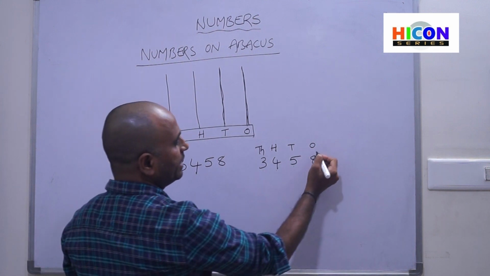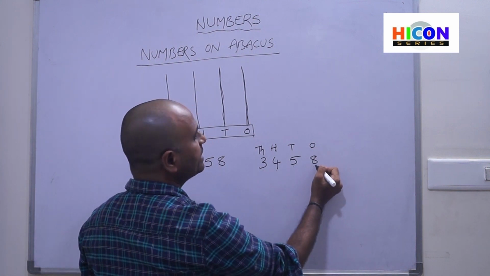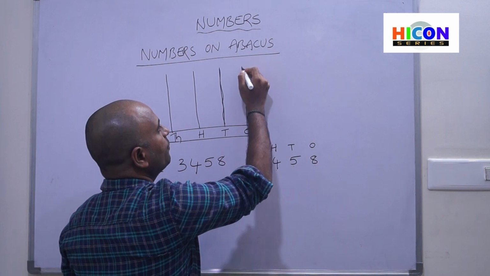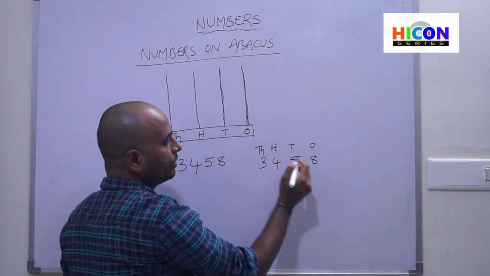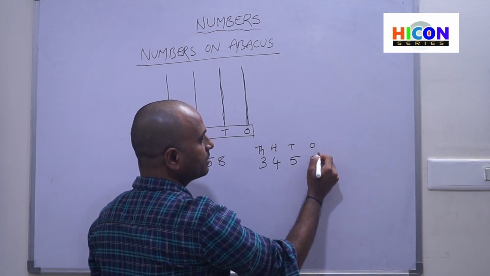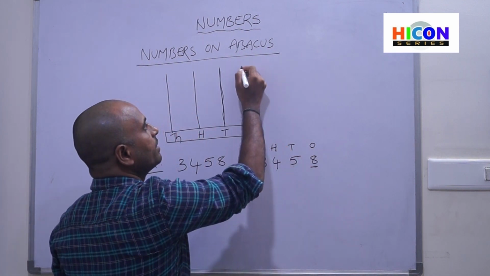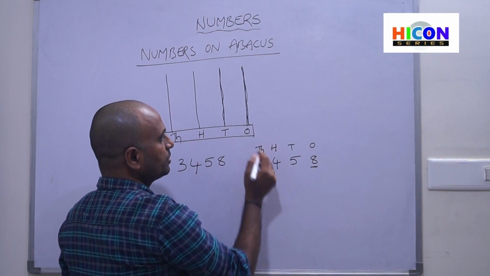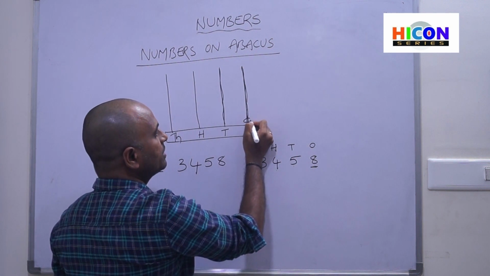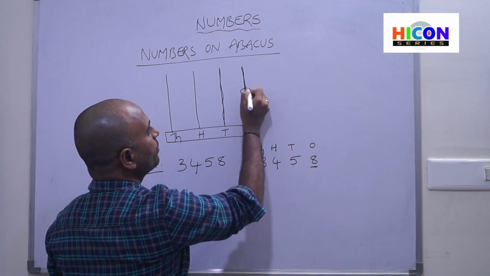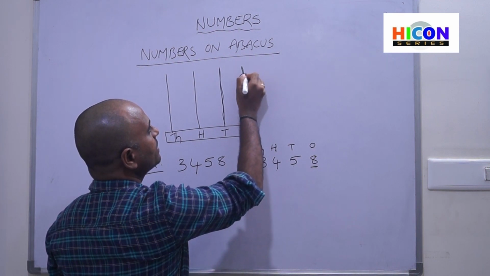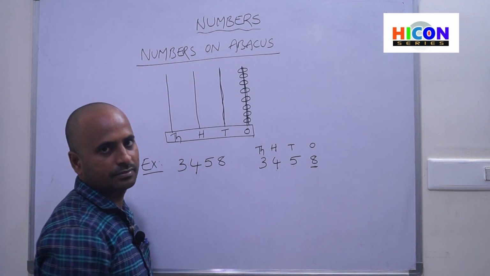Here in ones place the digit is 8. The first stick represents ones place, so we have to draw 8 beads on the first stick. Draw 8 beads: 1, 2, 3, 4, 5, 6, 7, 8.